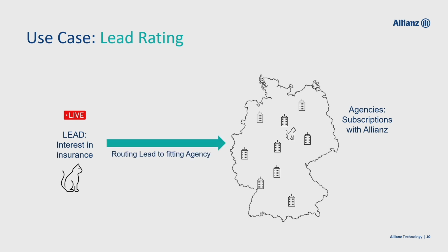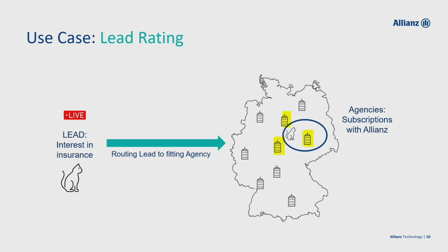What this use case is about is the routing of the lead, the interest. Sven might not know which agency to choose, which agency has the right insurance for him. So this fitting problem is what we're solving in this use case. You can already imagine that geolocation plays a big role, because we don't want to give Sven an agency in South Germany when he's a bit more northern.